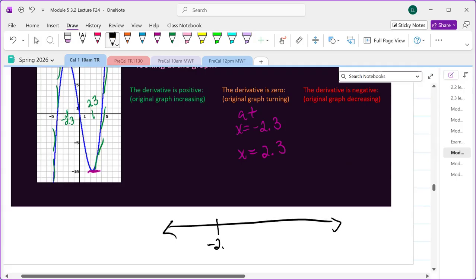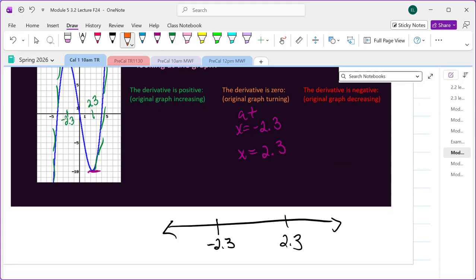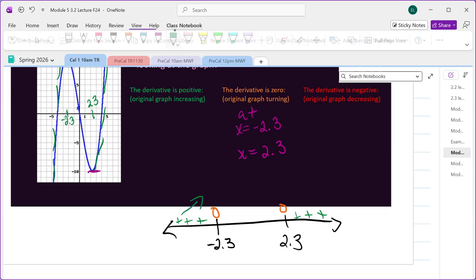So our tipping point was -2.3, and our other tipping point was +2.3. Again, those are the zeros for the derivative. So everywhere before -2.3, I've got positive slope. I'll sometimes even draw an upward arrow there.